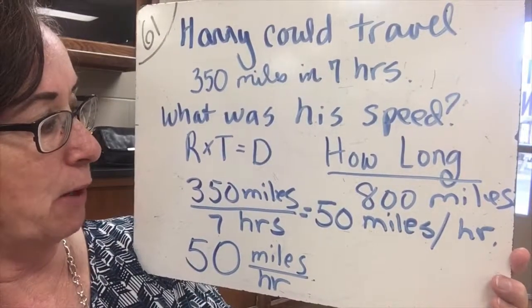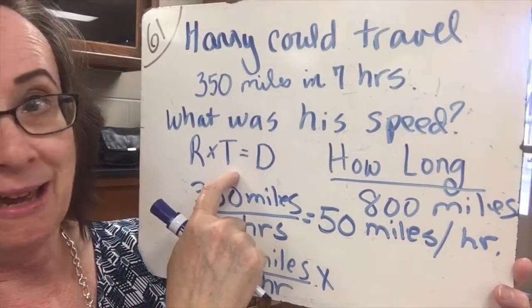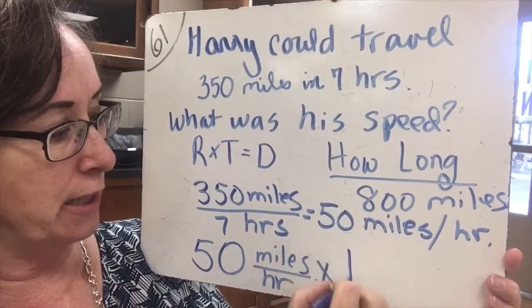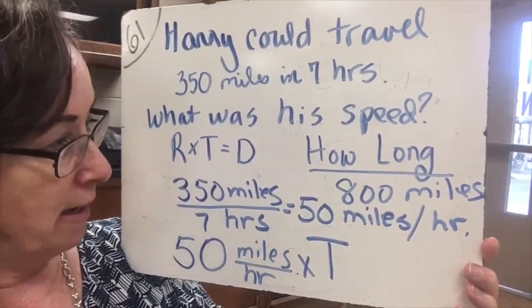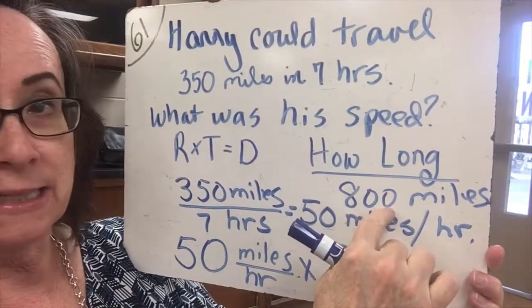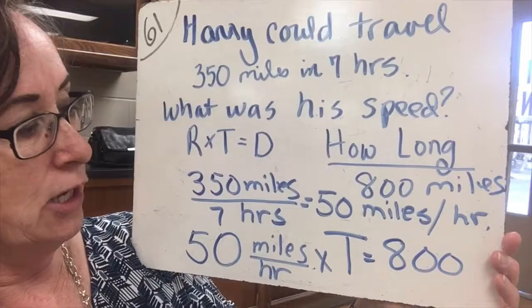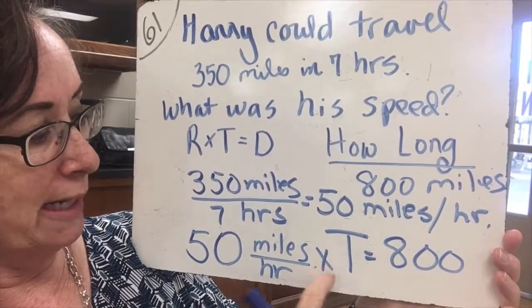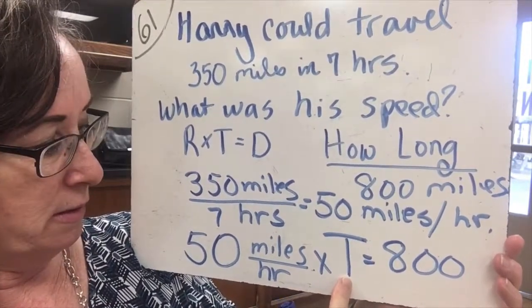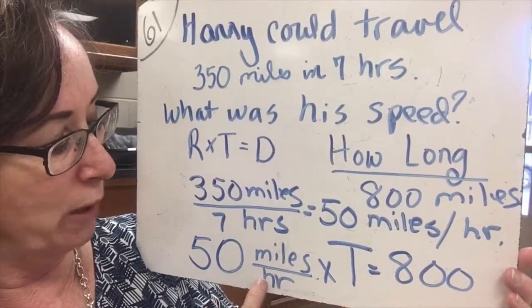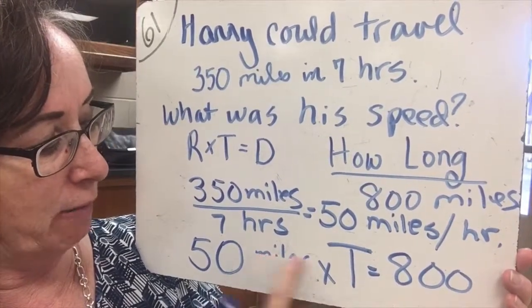Okay, 50 miles per hour times the time, which is what I'm trying to find out. I don't know my time, so I'm just going to leave a T for my time, equals the distance I want to travel, which is 800. Okay, so now if I want to get T by itself, don't I need to get rid of the 50? Now, we don't really need this miles per hour here right now.